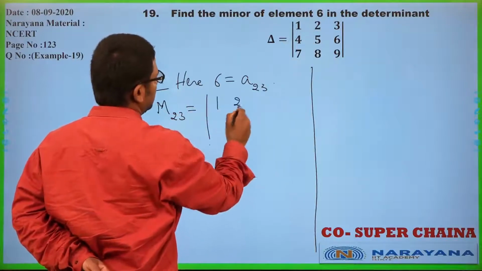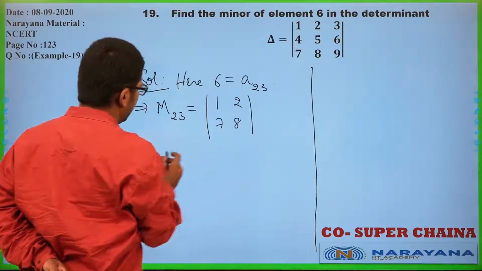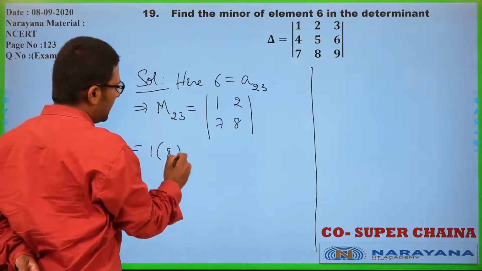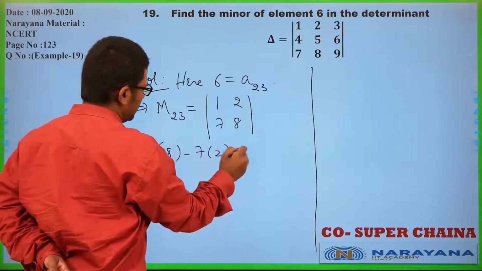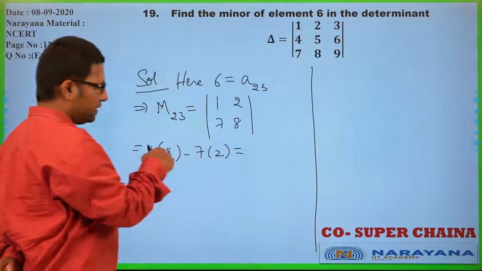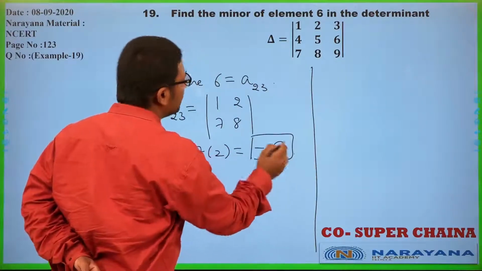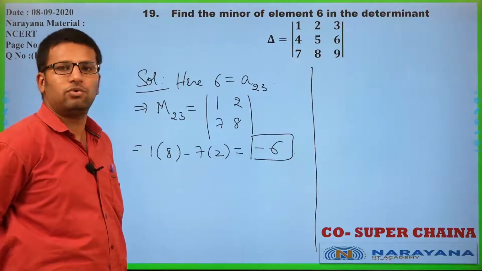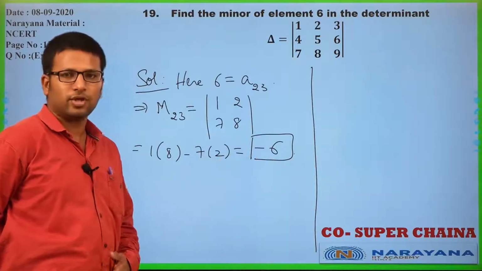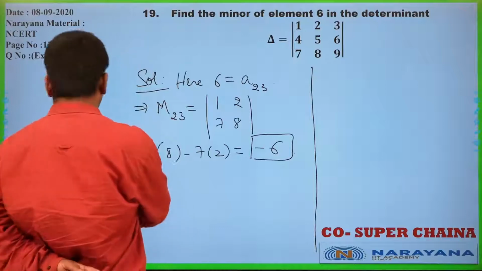So 1, 2, 7, 8, this determinant, which is 1 into 8 minus 7 into 2. So 8 minus 14 is minus 6. And they have only asked for minor and not cofactor. So this is what you are looking for, right?